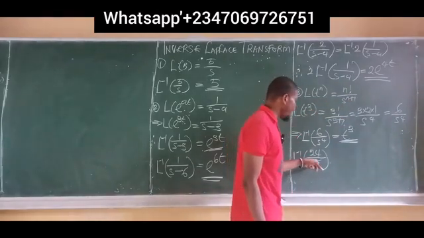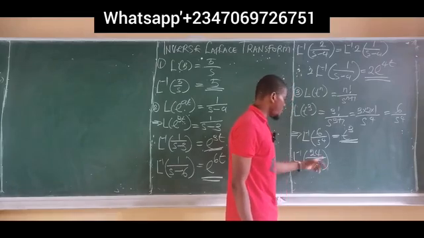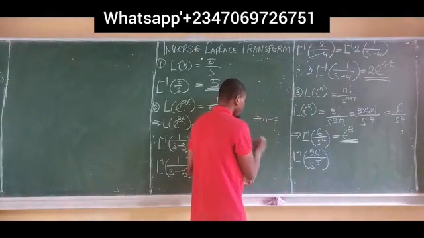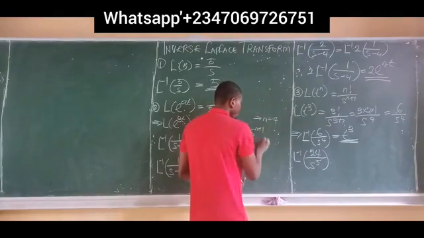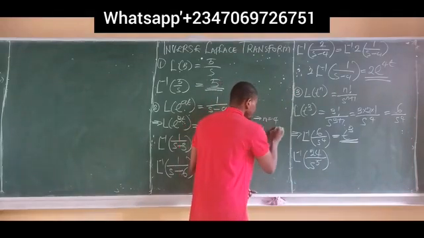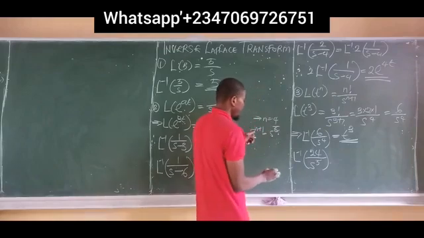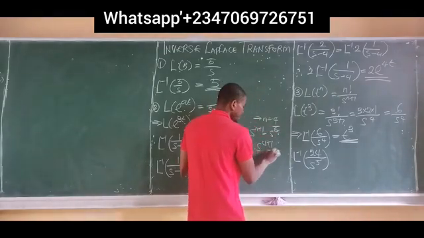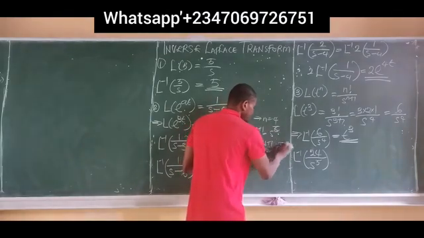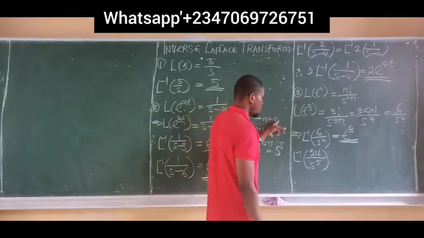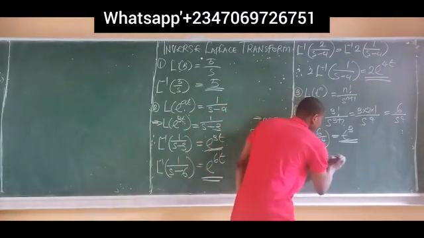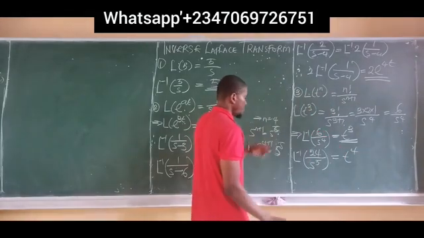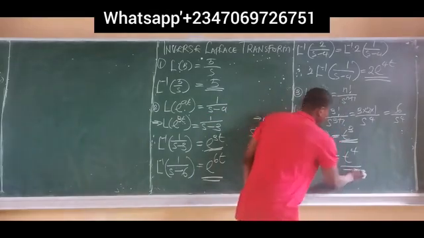Which means that n itself is equal to 4, because from the formula s to the power of n plus 1, I'm having this equal to s to the power of 5. So n was given as 4, so it became s to the power of 4 plus 1, and that's how we got s to the power of 5. Hence n is equal to 4, and this should automatically give me t to the power of 4.